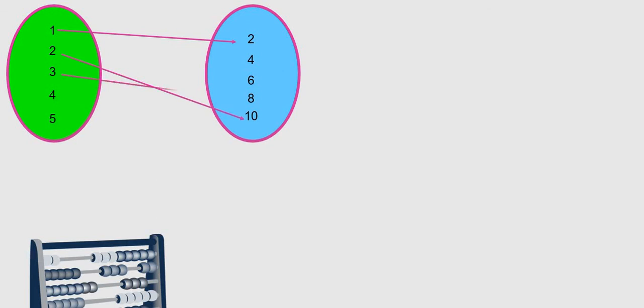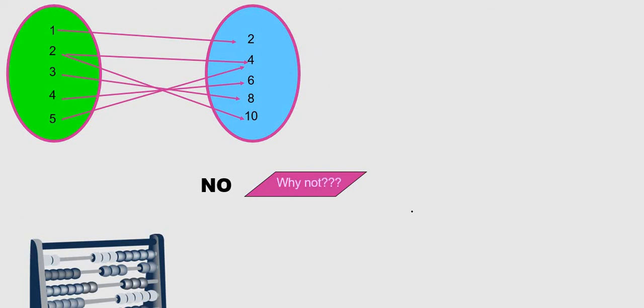Let's take a look at this specific relationship. Is this a function? Pause the video and try to think of it. Now, this is not a function. Why do you think so?